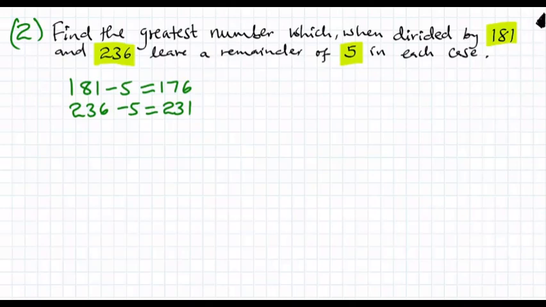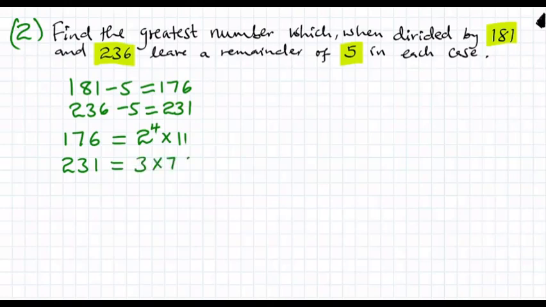I'm going to use the prime factor method to find the factors. 176 in power form is 2 raised to 4 times 11, and that of 231 is 3 times 7 times 11. Therefore, from here, 2 is not common in the two numbers.